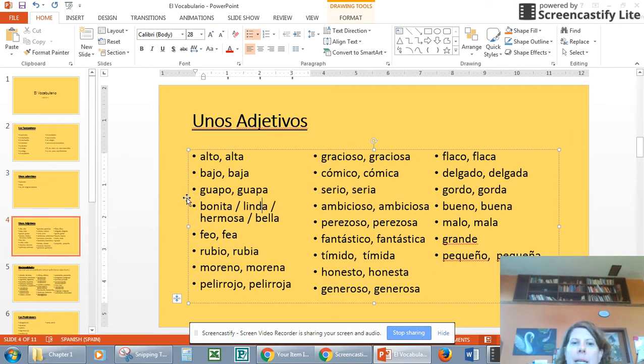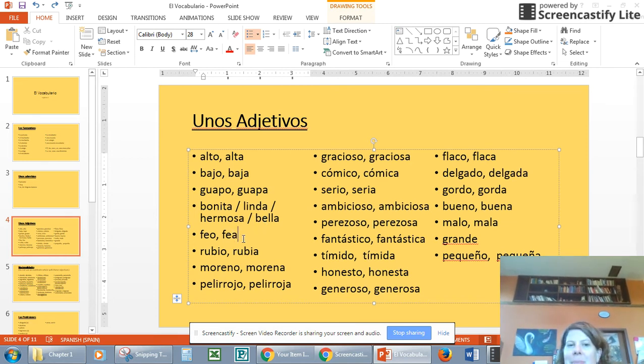But now these next terms here, they can only be used for girls, generally speaking. Bonita, linda, hermosa, bella. They all mean pretty, but to different degrees. Okay, so bonita is pretty, linda, pretty, beautiful, hermosa, definitely more like beautiful, and bella is just like, whoa, out of this world beautiful.